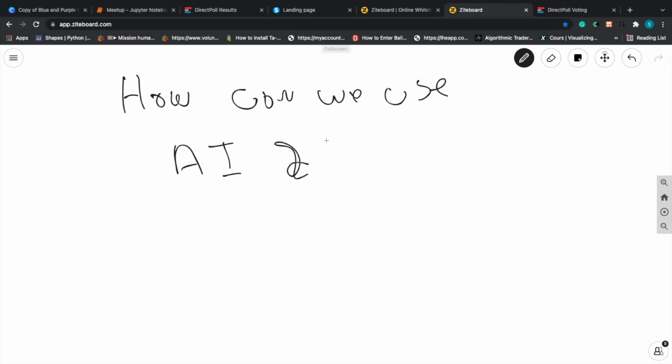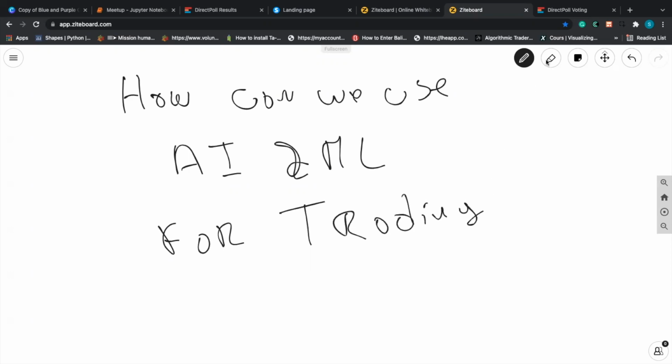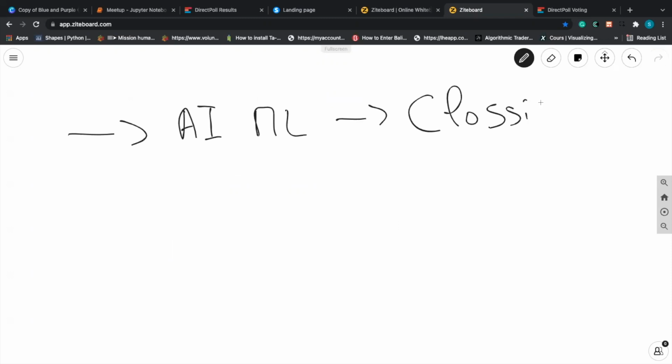The main question that we are going to try to solve is how we can use AI and machine learning for trading, and how they can help you enhance your profit in trading. First of all, we are going to talk about which angle in terms of AI and machine learning, and which type of algorithms we are going to use, and mainly we are going to focus on the classification algorithm.